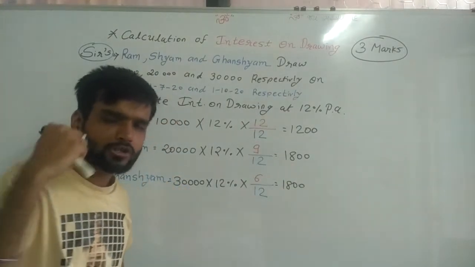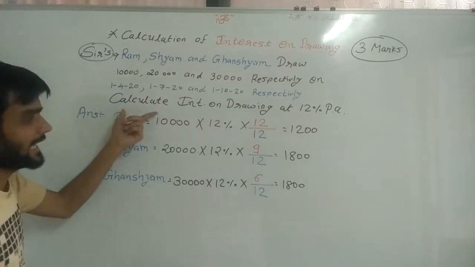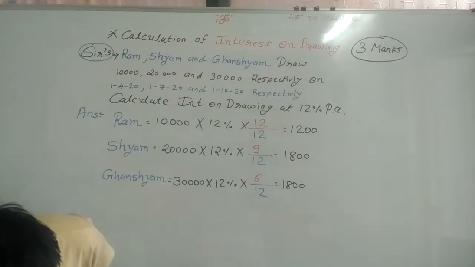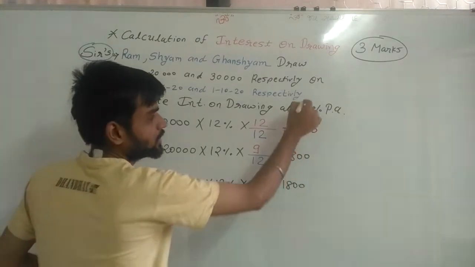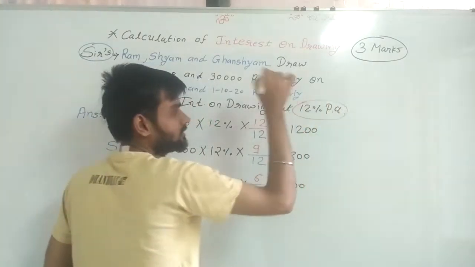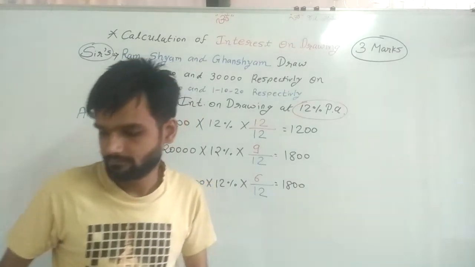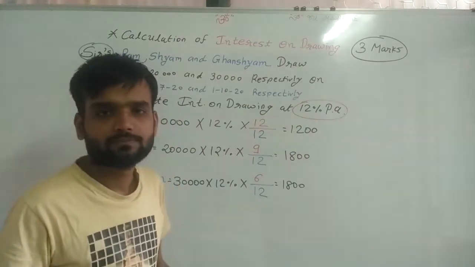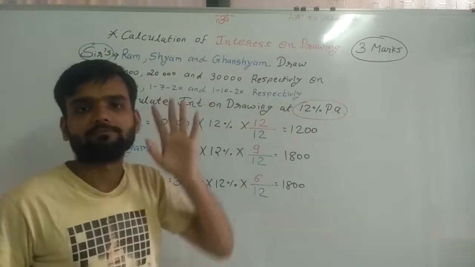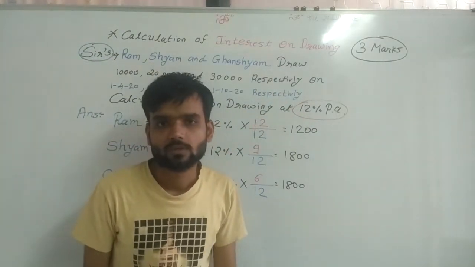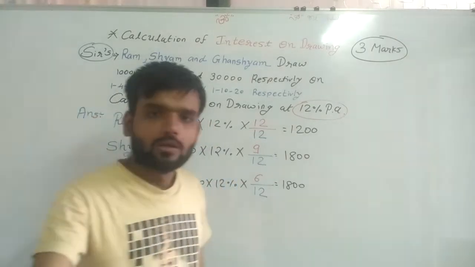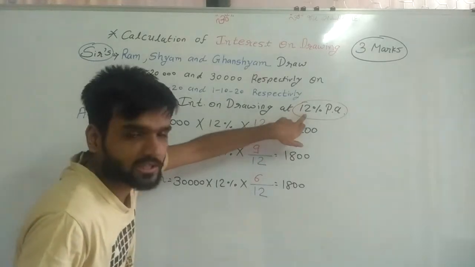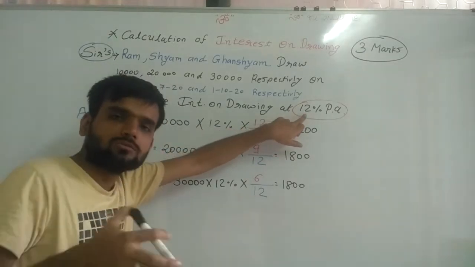Now what is the question given? Calculate interest on drawing at 12% per annum. So 12% per annum is the rate we need to calculate on drawing.